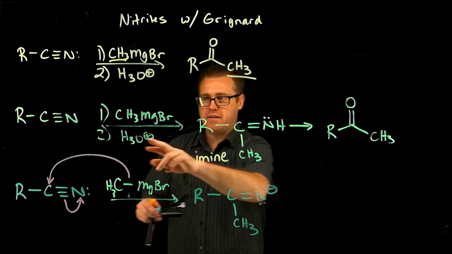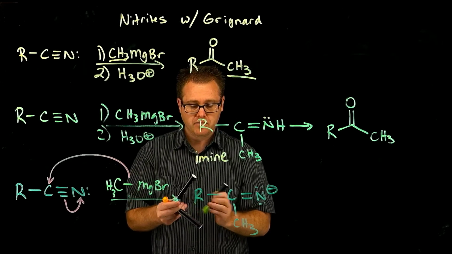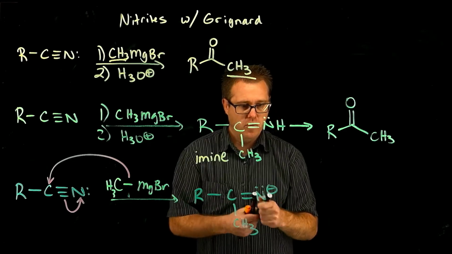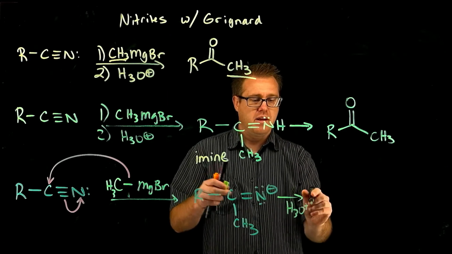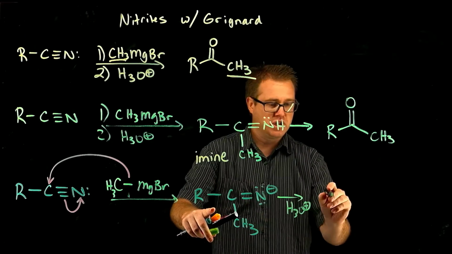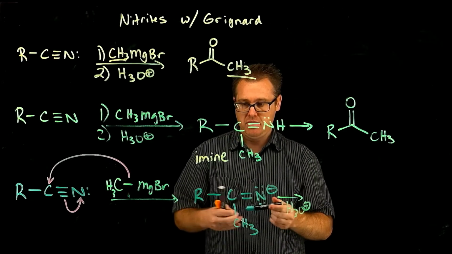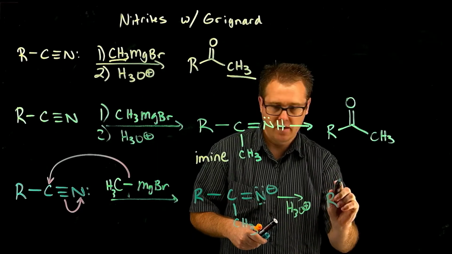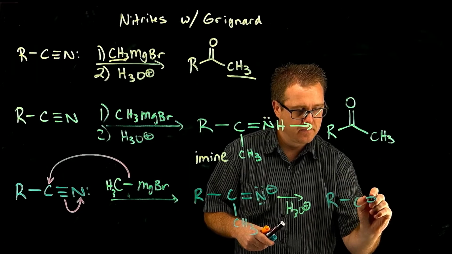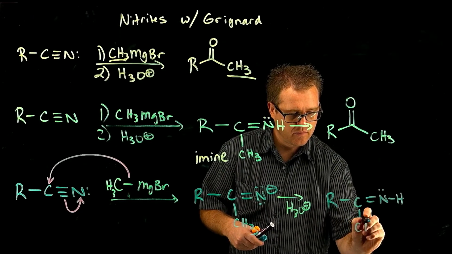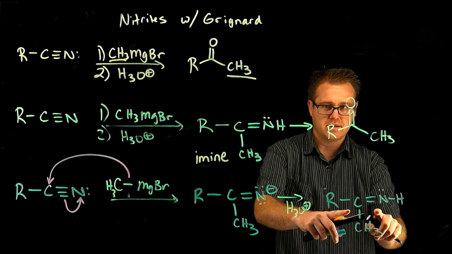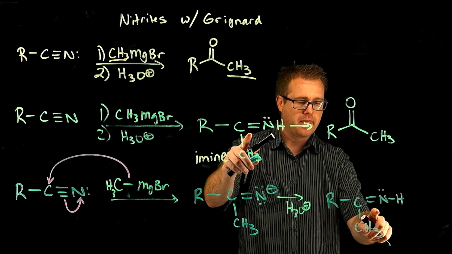And then you have the step 2, which you're going to add your acid. And when you add your acid, you are going to now generate the amine. Do you see how this and this guy's the same?